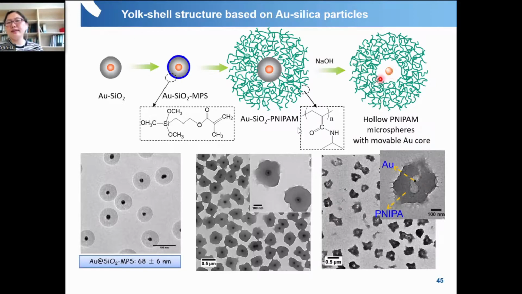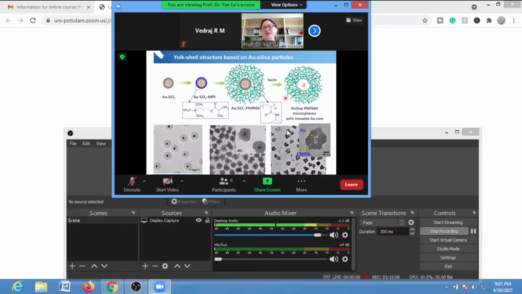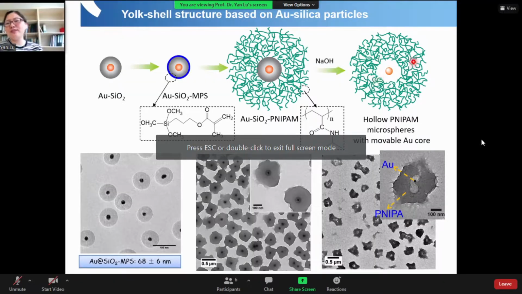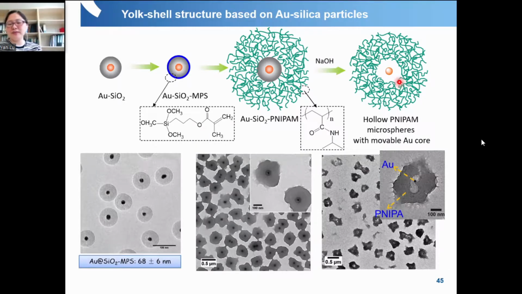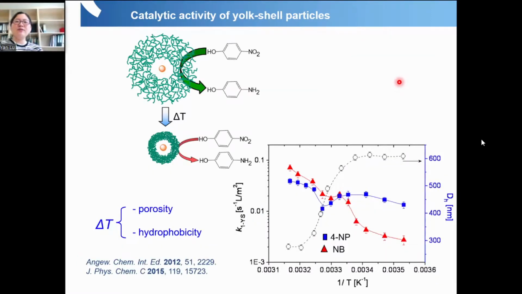In that case, of course, all the reactants will be controlled by diffusion into these polymer networks. And this will be a nice system if you want to study the catalytic activity as a function of temperature for the microgels. And here we use two different reactions.